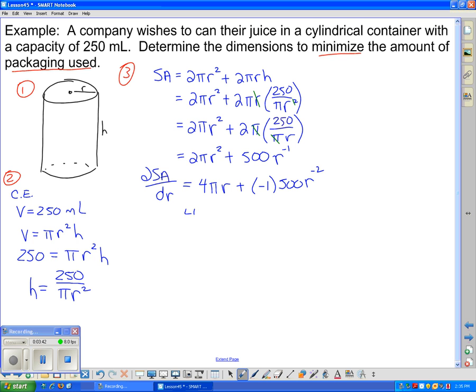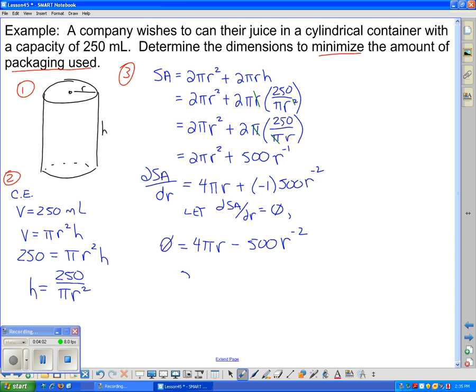So I'm going to let the derivative of the surface area with respect to radius equal 0. So 0 equals 4 pi r minus 500 r to the negative 2. I'm going to rearrange the equation.